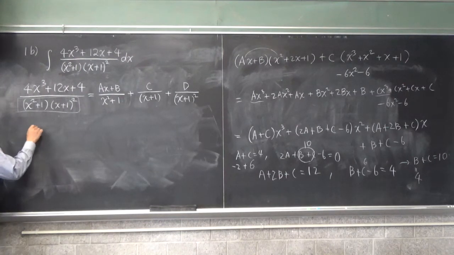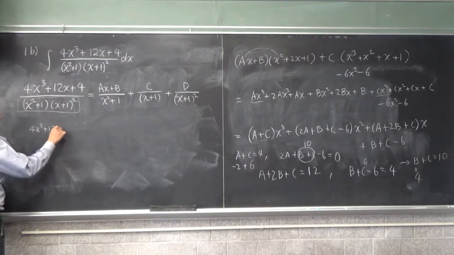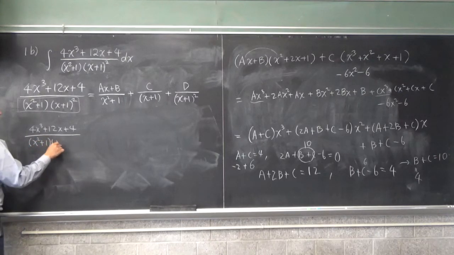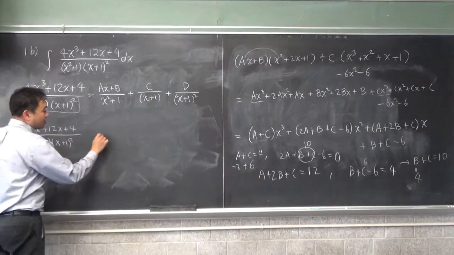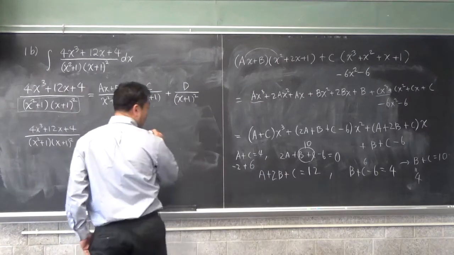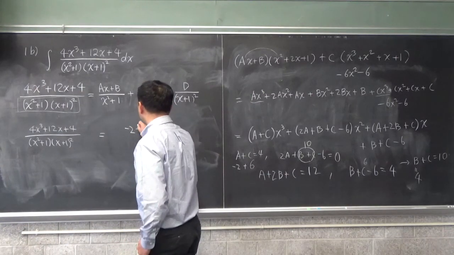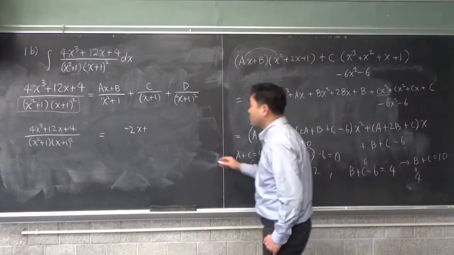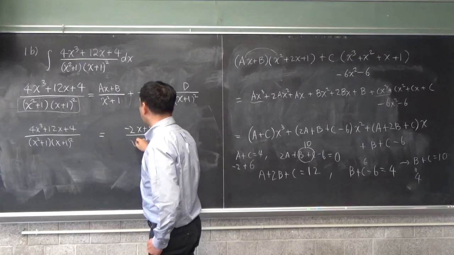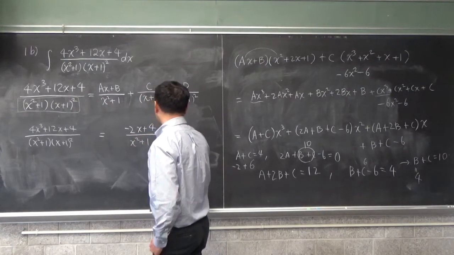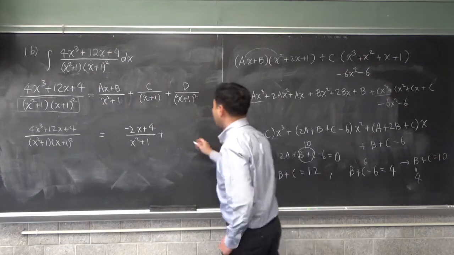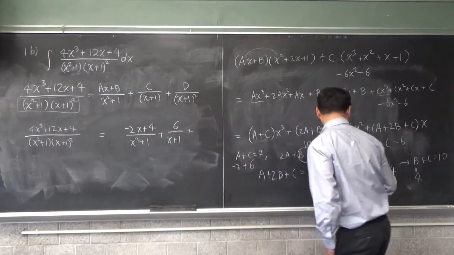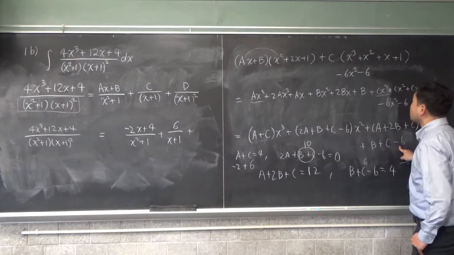We found out that (4x cubed plus 12x plus 4) over (x squared plus 1)(x plus 1) squared is equal to: a is negative 2x, and b is 4, over x squared plus 1, plus c is 6, plus d is negative 6, was it?